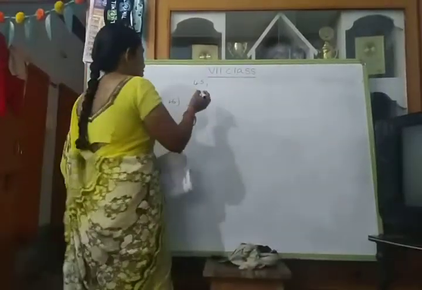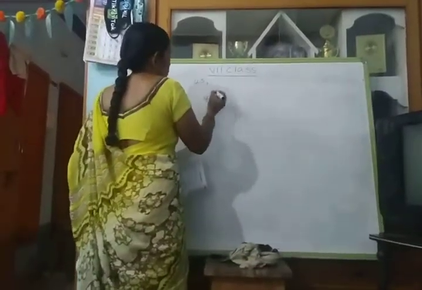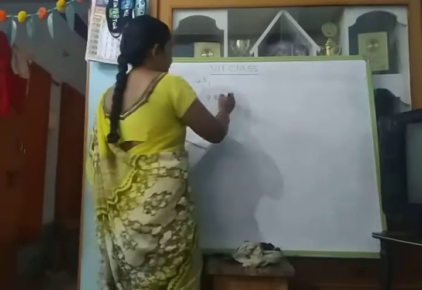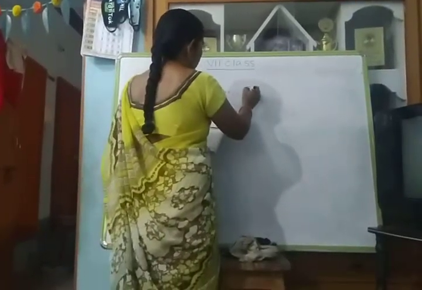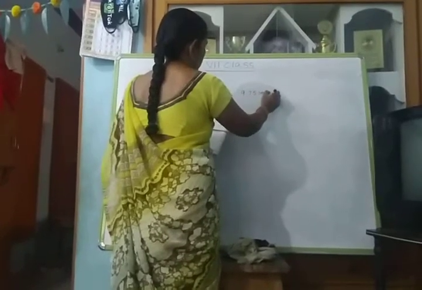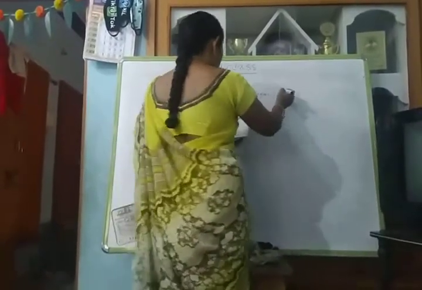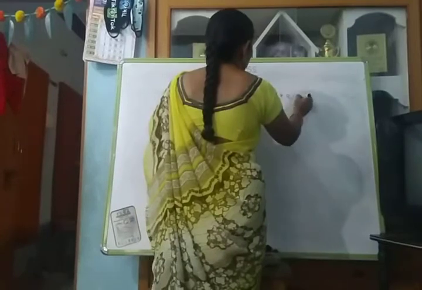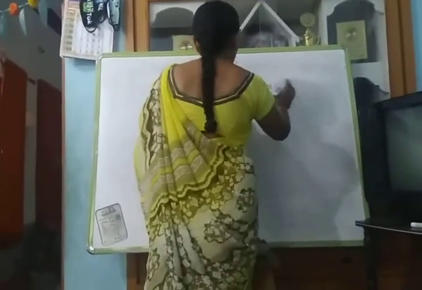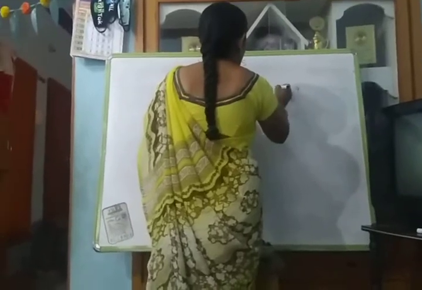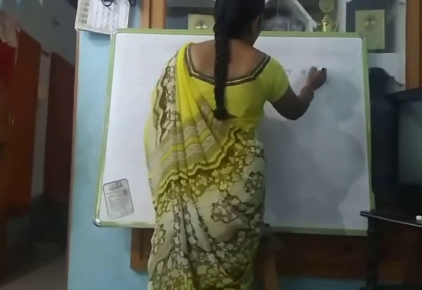See here, 5 swimmers, 4 swimmers' scores are given. 9.8 seconds, one member's score, and 9.75 seconds, and one more 9.81 and 9.79 and 9.81.